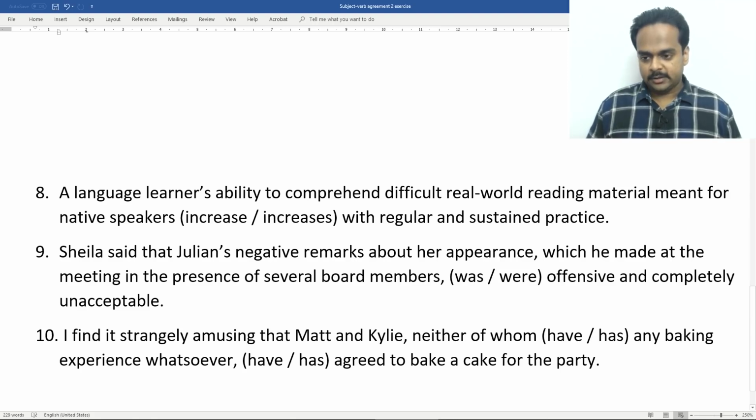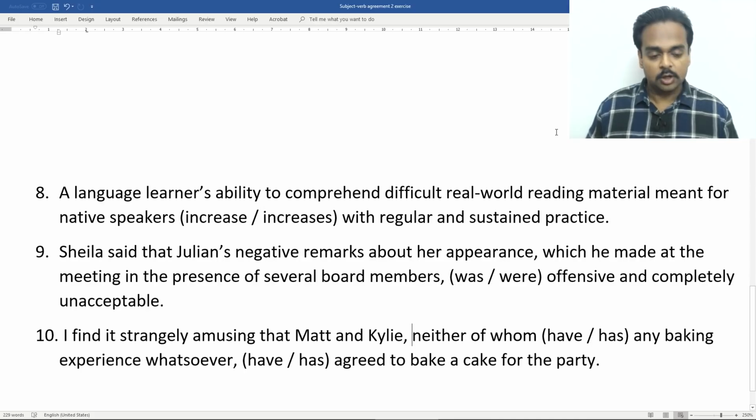All right, number 8, a language learner's ability, and then we see the word to, which means this is the start of a prepositional phrase. And this phrase is going to tell you about the ability. So a language learner's ability to comprehend, which means to understand, difficult real-world reading material meant for native speakers. That's a relative clause.